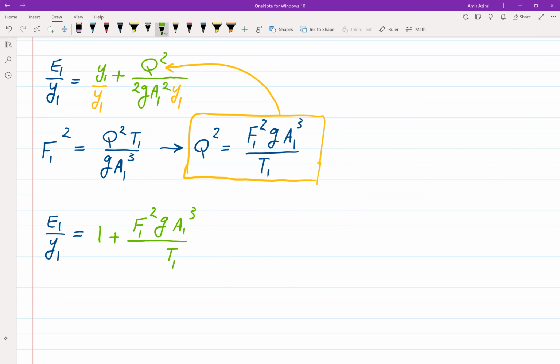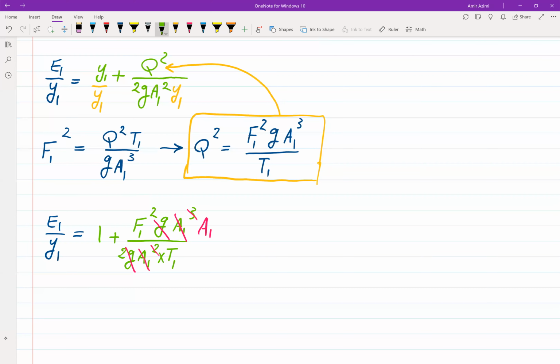And then what I have in the denominator is 2G A1 square. Okay, so here G and G cancels out. A1 square and A1 to the power of 3 cancels out. So I have A1 and then here I have T1.